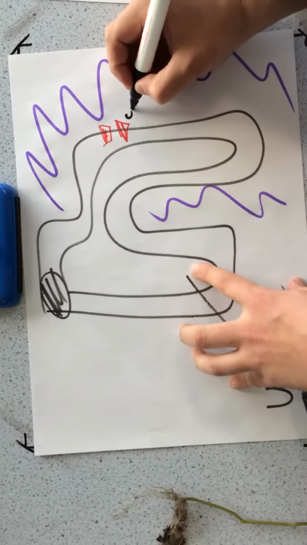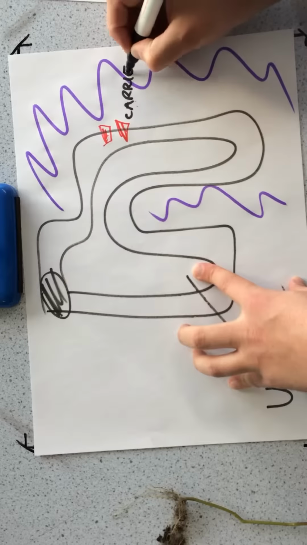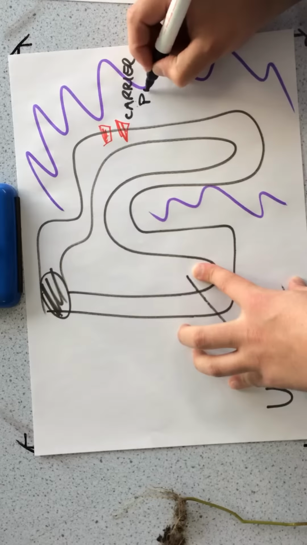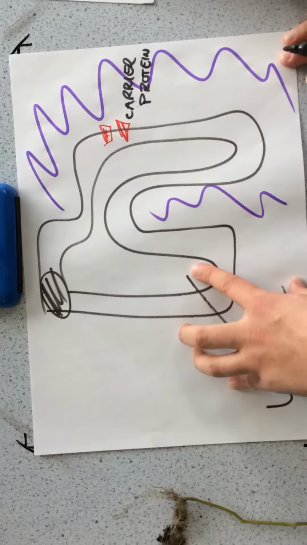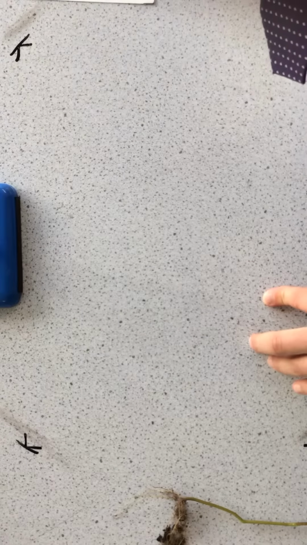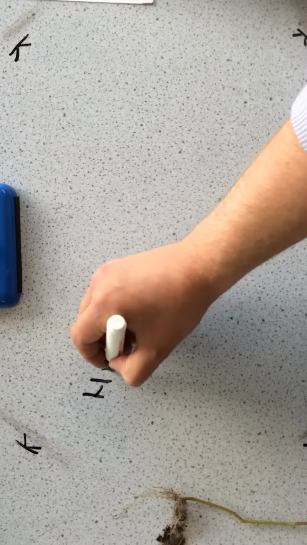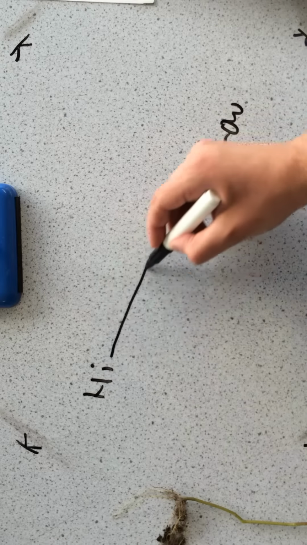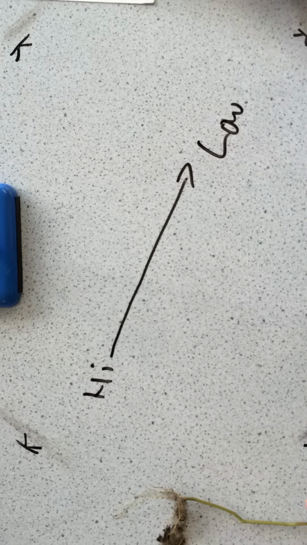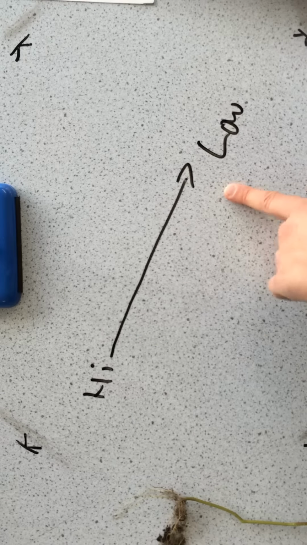The function of these carrier proteins is to actively transport molecules against the concentration gradient. Now, to remind you what the concentration gradient is, if I've got a high concentration here and a low concentration here, molecules are going to move passively without any energy being used whatsoever from high to low.